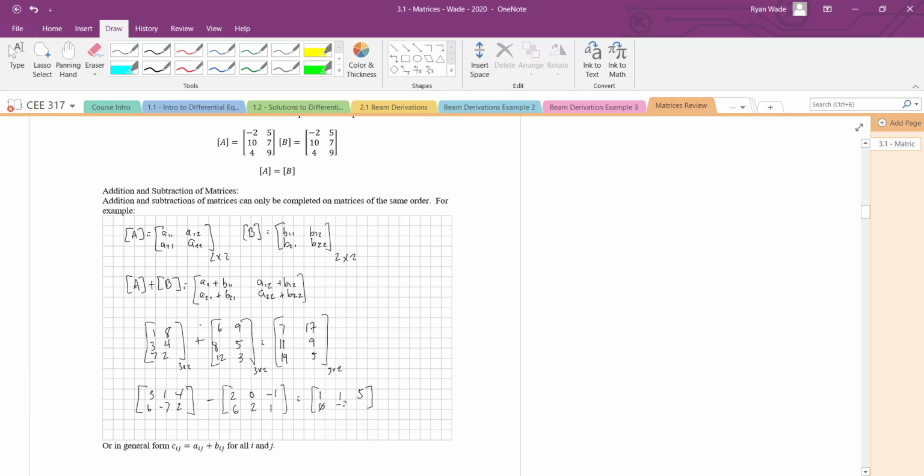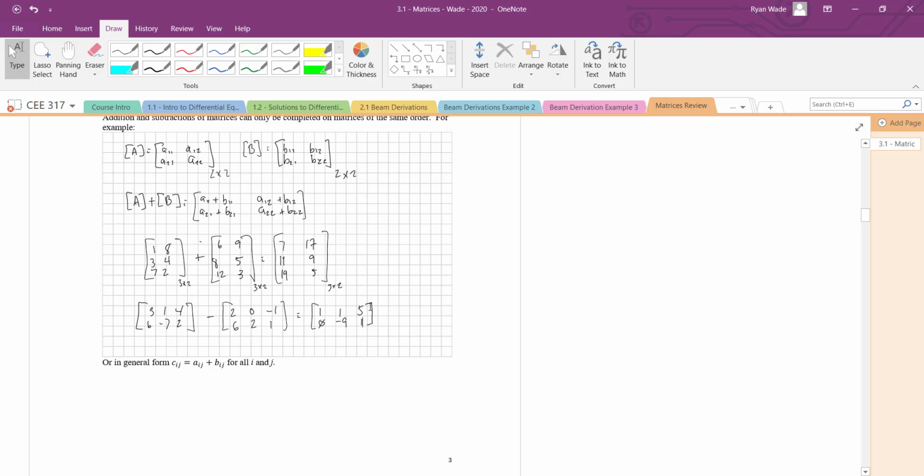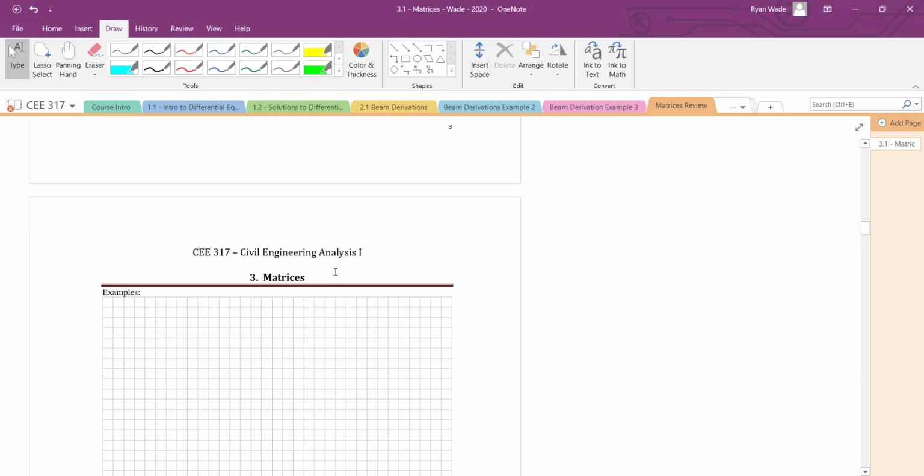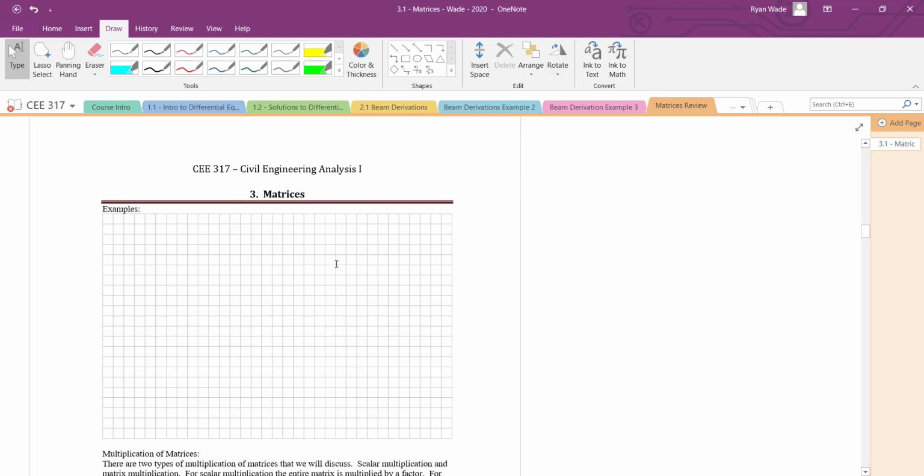Negative 7 minus 2 is negative 9. And 2 minus 1 is 1. So it's relatively straightforward. Addition and subtraction are nice and easy. Unfortunately, we're not going to do a whole lot of that. So I went through the examples already, actually, so I'm not going to bother with that.